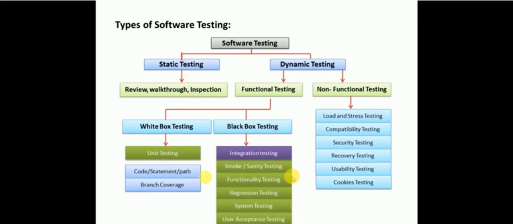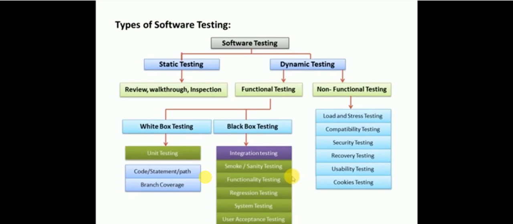So what does smoke and sanity testing cover? Smoke testing is nothing but checking the critical functionalities. Let's take an example. There is an e-commerce website, and it comes to you to test the functions of that website. You will first check that the user is able to log in.